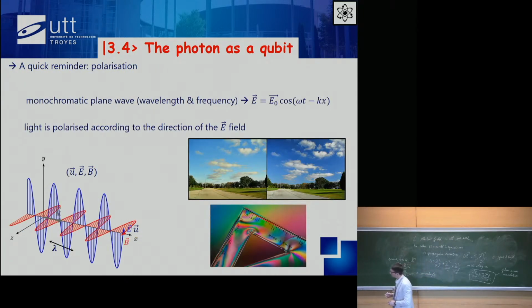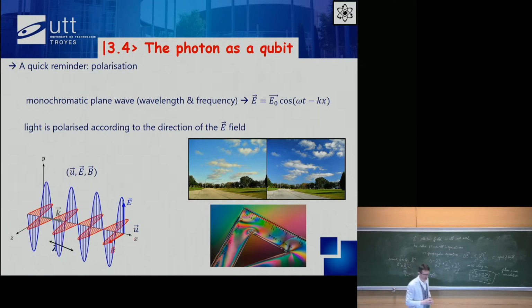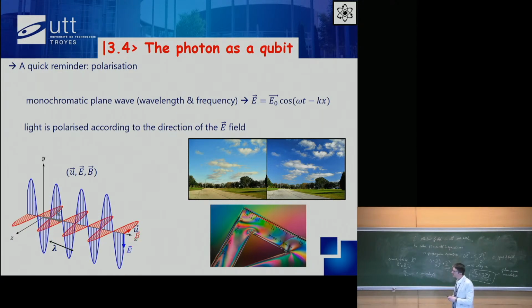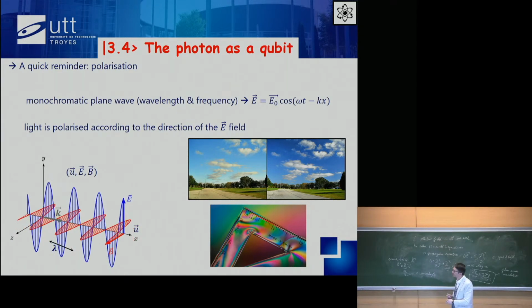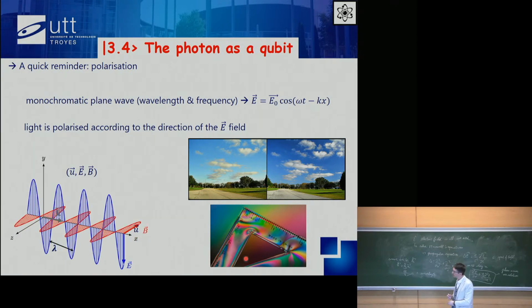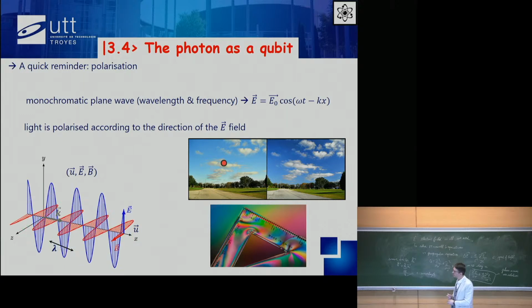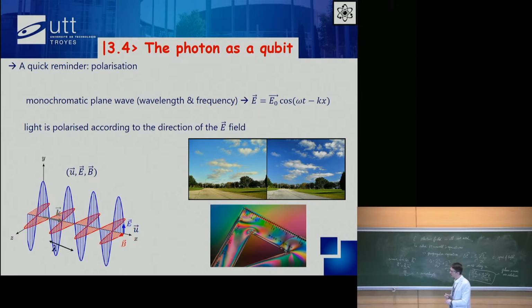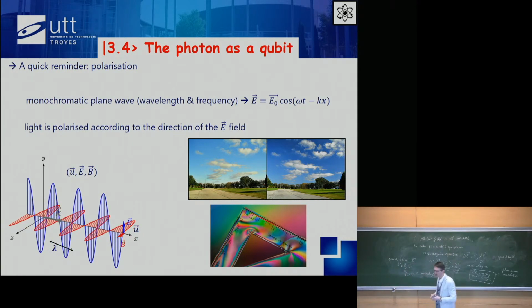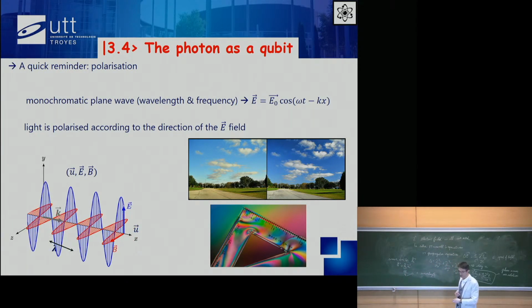Well, the next observation about light is that light is polarized. And what is this polarization? Here you have some examples of light polarization. Here's the same background, but taken with polarizers. You have that with some of the cameras, some of the phones now probably.